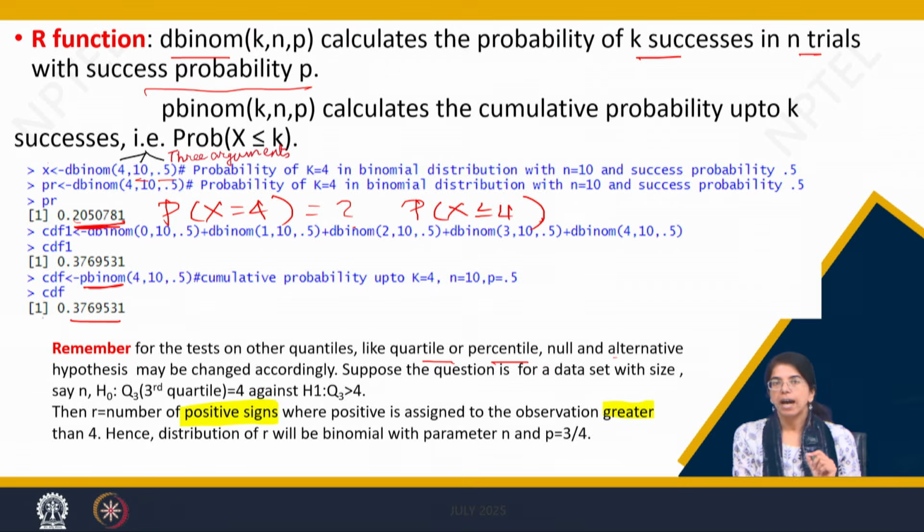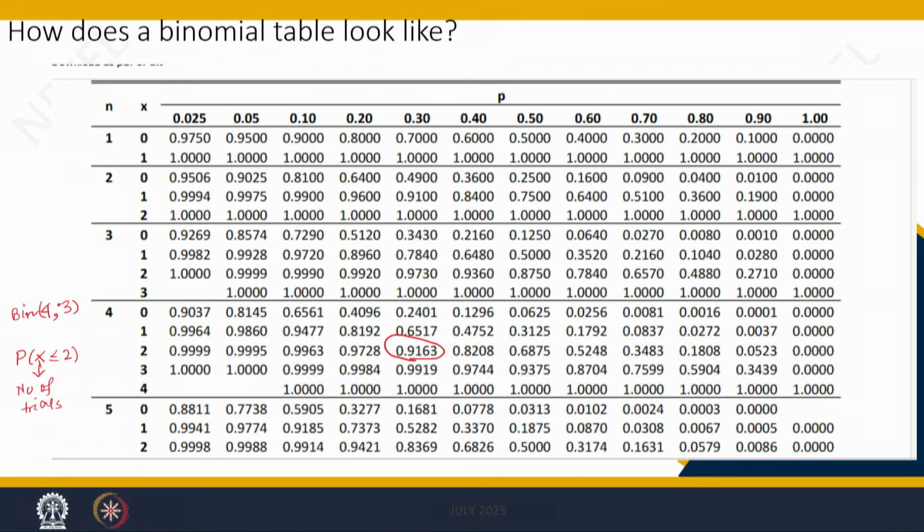But when your null hypothesis is on quartile, the probability of success will be 3/4. So, what do you need to change? You need to change dbinom(4, 10, 0.5), and in place of the probability 0.5, you have to write 3/4. Clear?